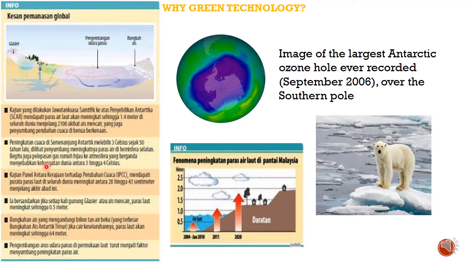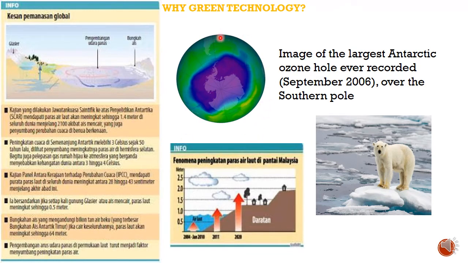The higher temperature will cause the flood due to the ice melting in the south pole of our south hemisphere since 50 years ago, and it is predicted in year 2100 the seawater level will keep increasing up to 1.5 meter around the world.